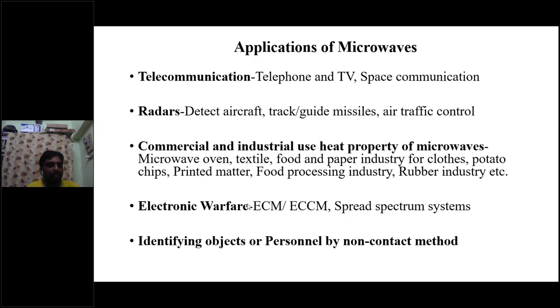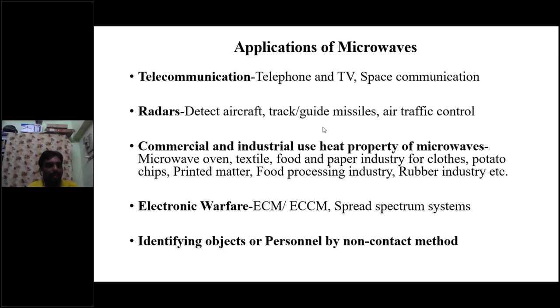With the increasing use of mobile phones in our society, a lot of radiation comes from cell towers, and these cell tower radiations can be controlled by using some of the ECM and ECCM techniques. Even though we operate at gigahertz frequency, this is very harmful to human beings. You can't see that gigahertz frequency, and it can be controlled by using these ECM and ECCM techniques, which are also used for our spectrum.